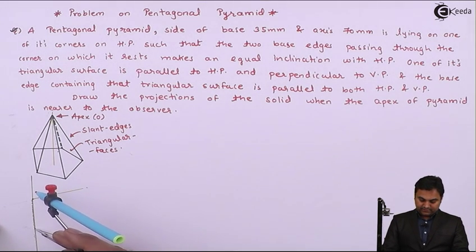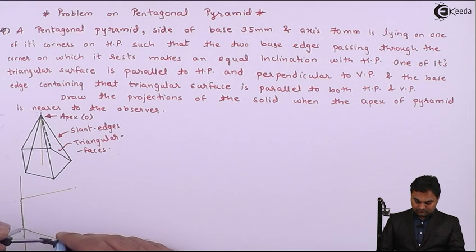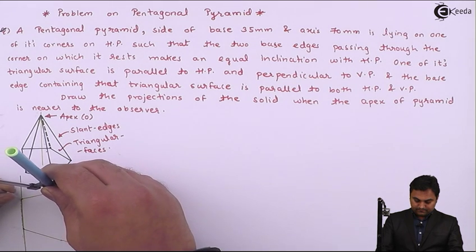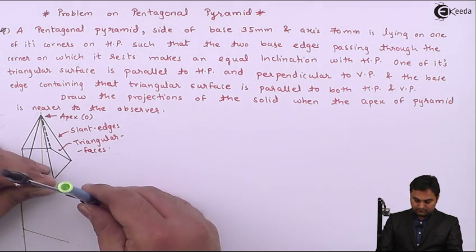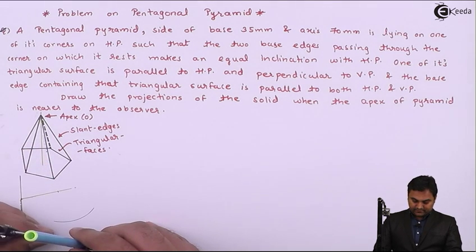Measuring the edge here. Marking it on one side and on the other side. Drawing an arc from here, light arc, cutting it from the other side.